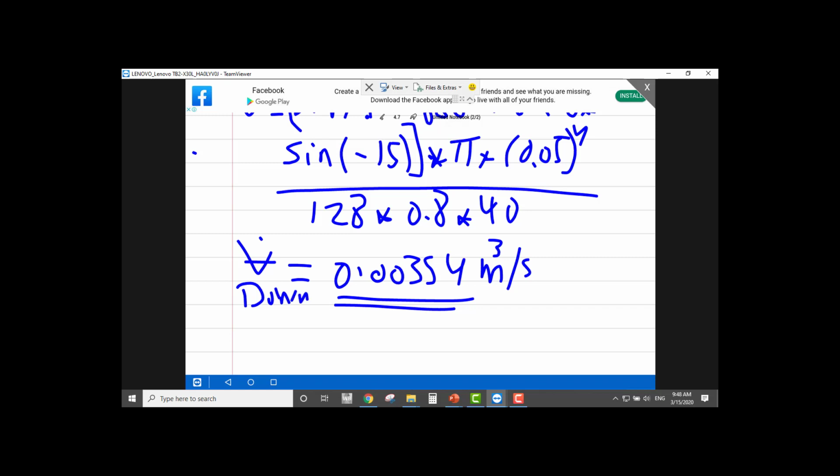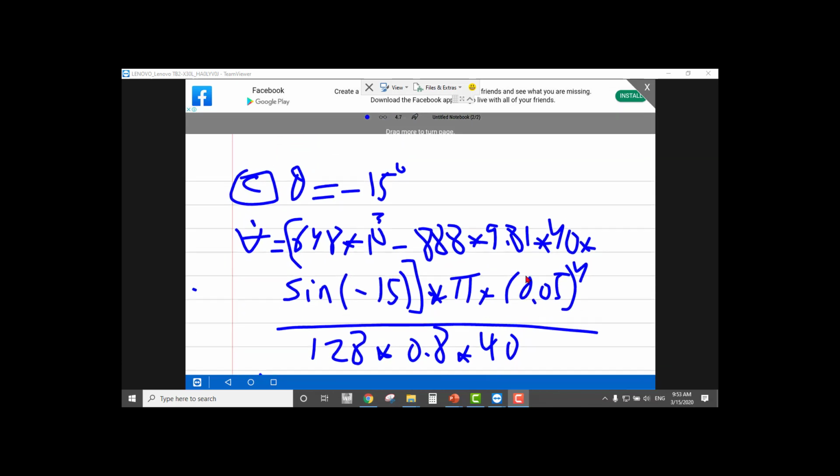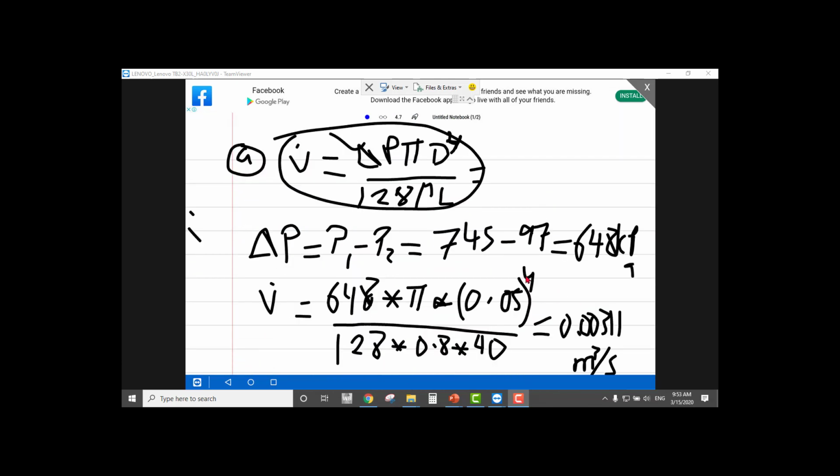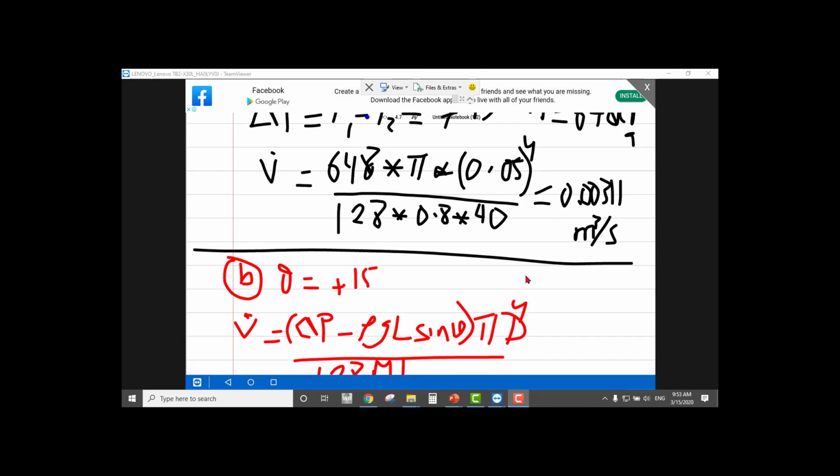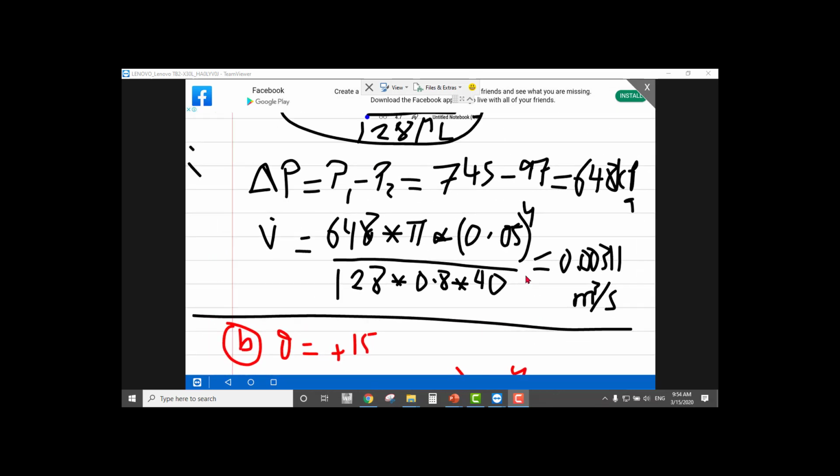Let me go back to the first part. Here, when we calculate V dot, we must multiply 648 by 10 to the power 3. Don't forget to do that in order to get this answer.